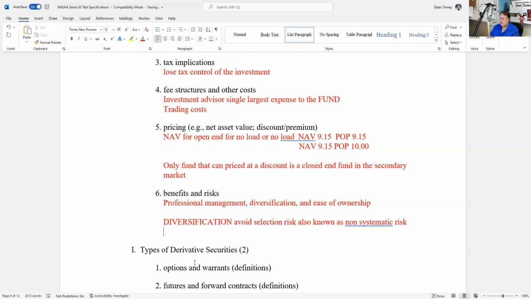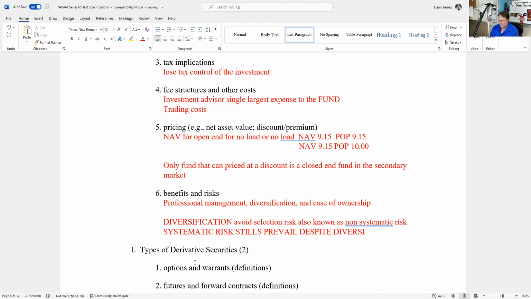Now, the other test question here is that even though we're diversified in the mutual fund, systematic risk, very testable, still prevails, right? So there's a tendency of securities prices to move together. And if the market crashes 30%, the NAV does as well.